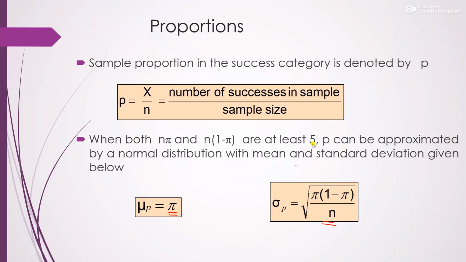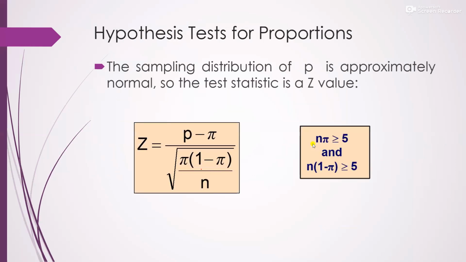Right? Then P can be approximated by a normal distribution. Then for the test statistic, Z is defined by P minus pi divided by square root of pi times 1 minus pi over n. If you want to apply this test statistic, then n pi must be greater than or equal to 5 and n times 1 minus pi greater than or equal to 5. Right?